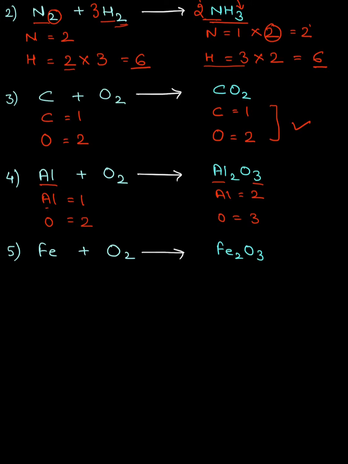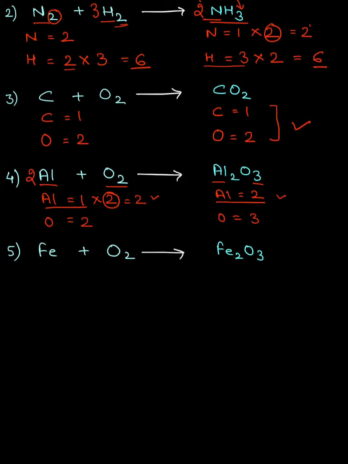So if we multiply the aluminium on the left by 2, then we will get the same number of aluminium atoms. Whatever number we have multiplied, we need to write it as a coefficient in front of the respective atom. Now for oxygen we observe that there are 2 atoms of oxygen on the left and on the right side there are 3.